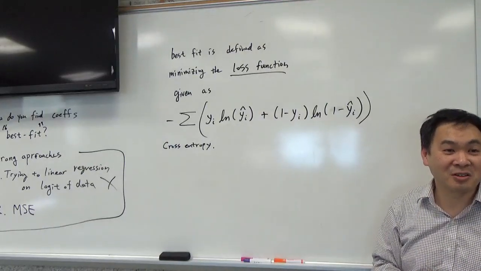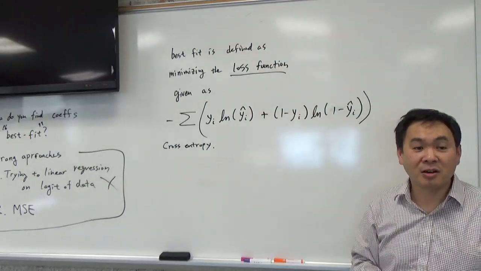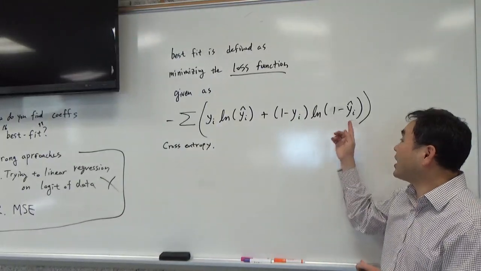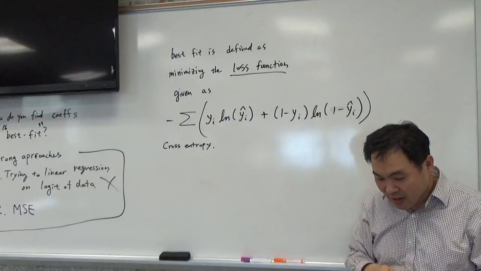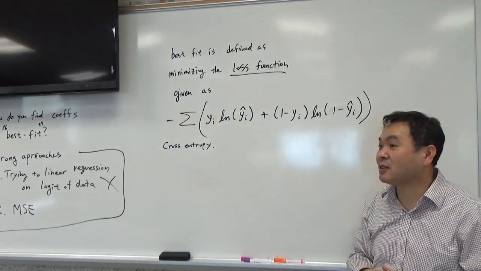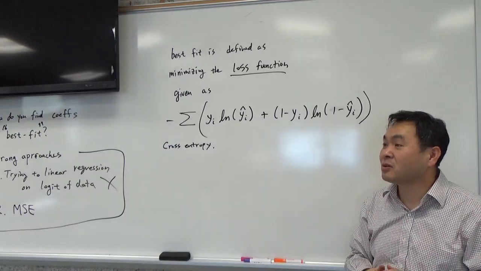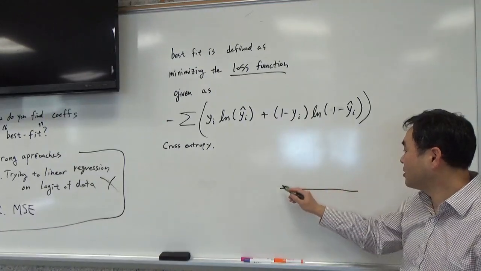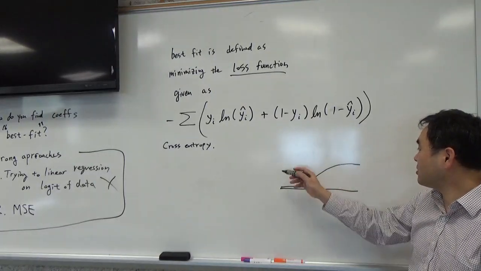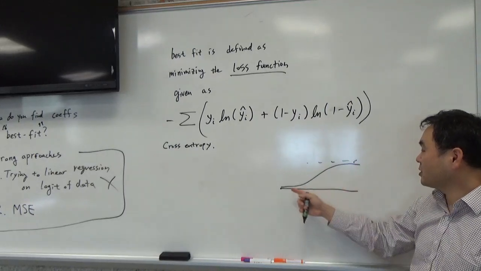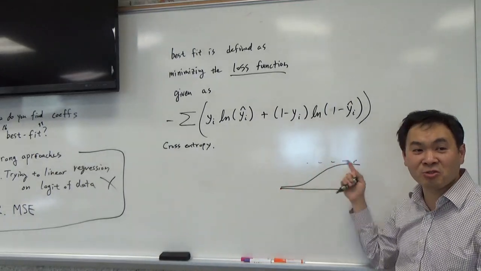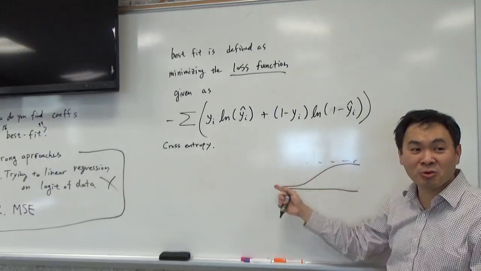But the probability, the yi hat, I mean. Okay, I think I know what you're getting at. This thing here looks like the cumulative distribution function for the normal distribution.